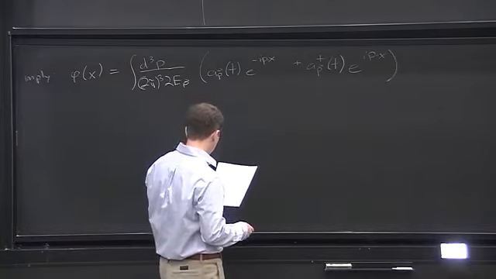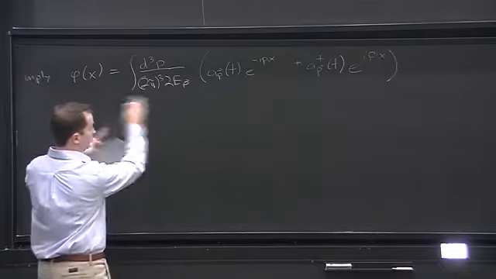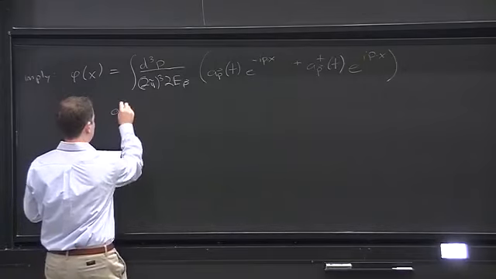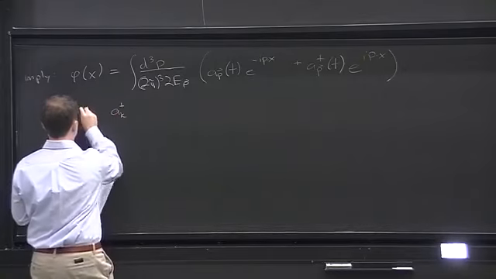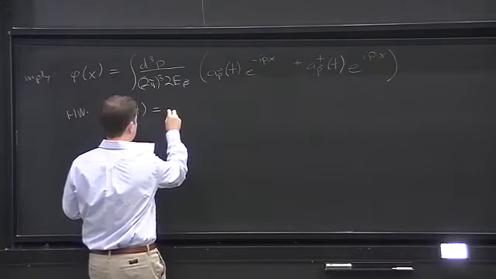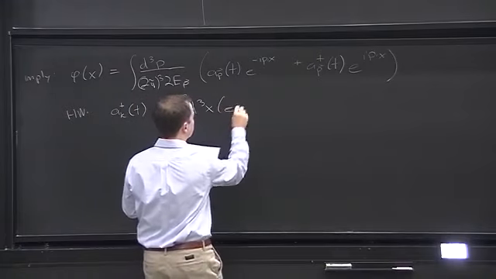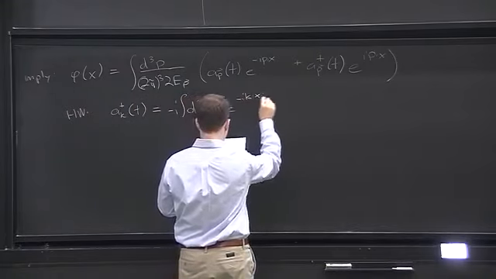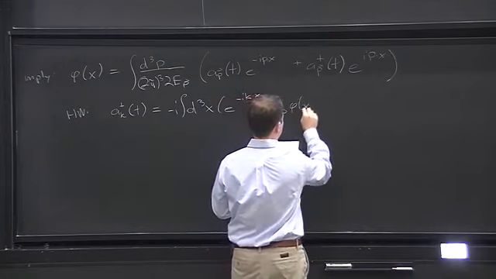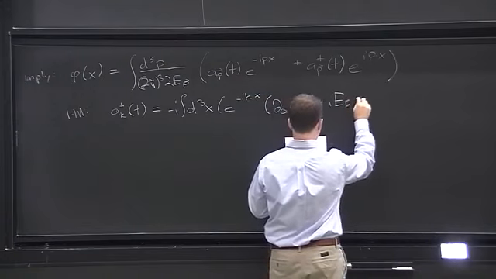Okay. And so as you did in an earlier homework, you can invert this relation and show that the creation operators can be expressed in terms of the field operators in the usual way.